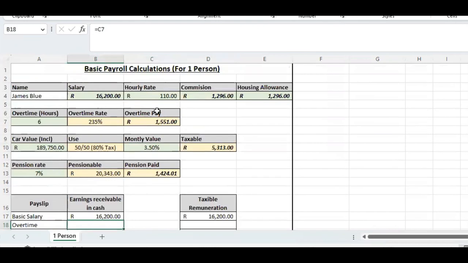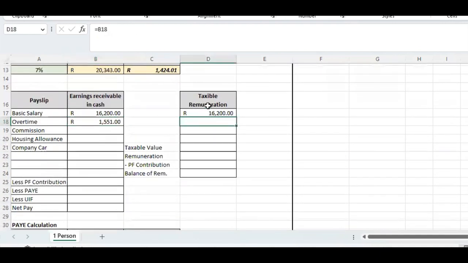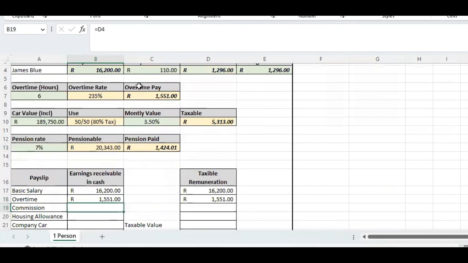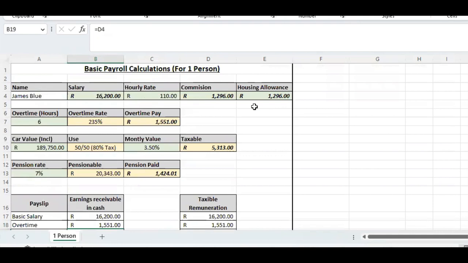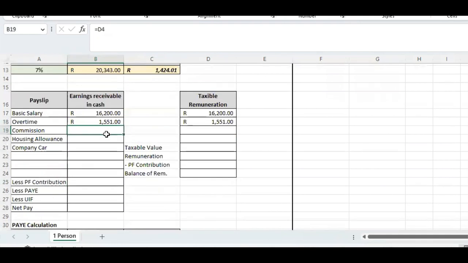We worked out his overtime, 1551, so we can put his overtime in there, and the full amount is taxable. His commission is 1296, and his housing allowance is also 1296. So we can complete those two columns, and once again, the full amount is taxable, so you just put the same amount in the taxable remuneration.